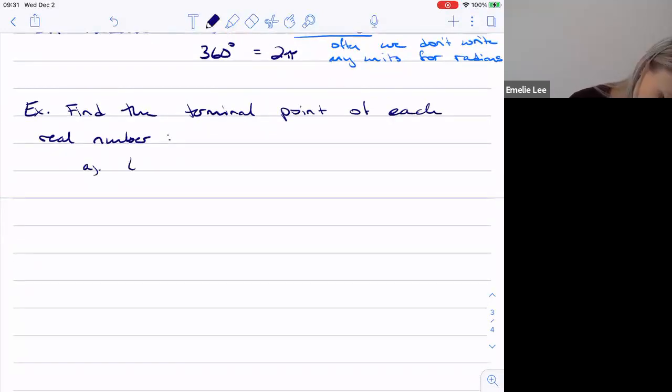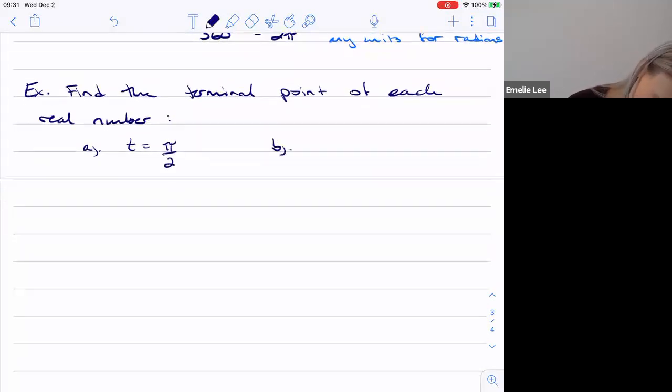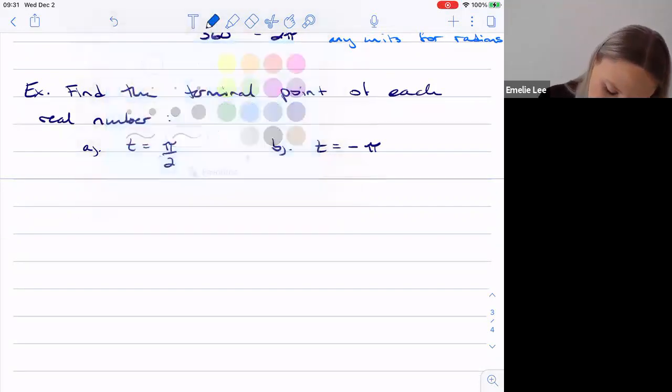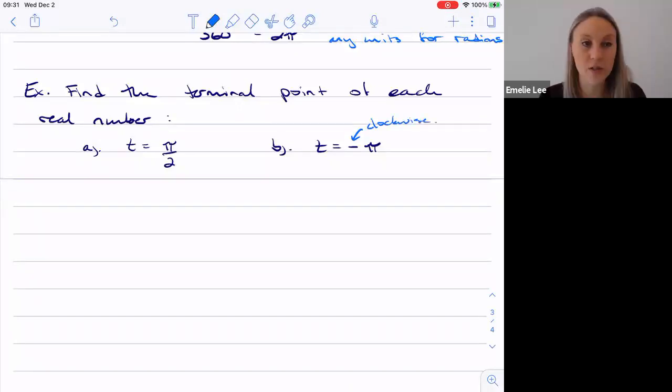A is going to be t equals pi over 2. And B, we're going to have t equals negative pi. Remember, negative just tells you the direction that you're going. Here, this negative tells you that you're moving clockwise. That's all it's doing, but the angle is still pi, pi radians.